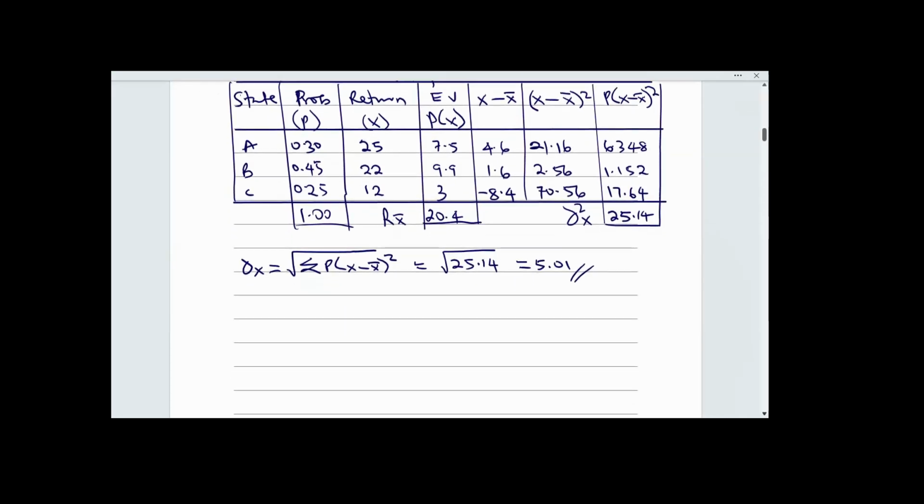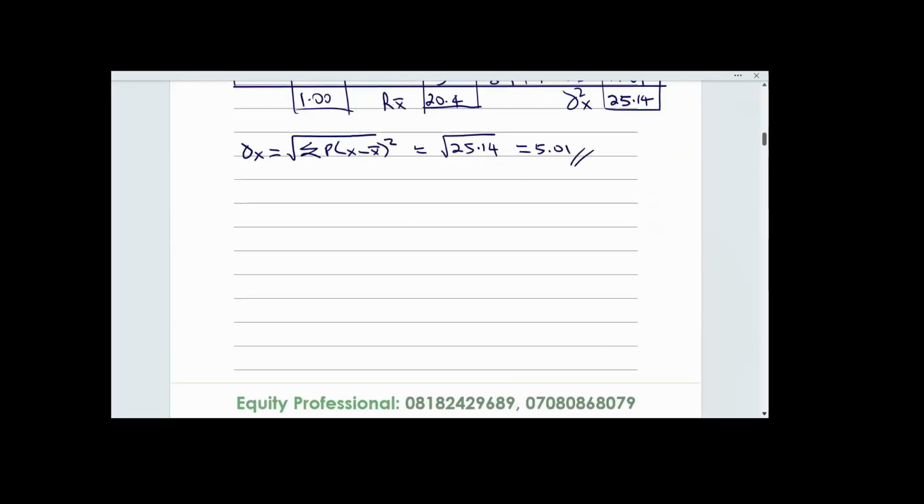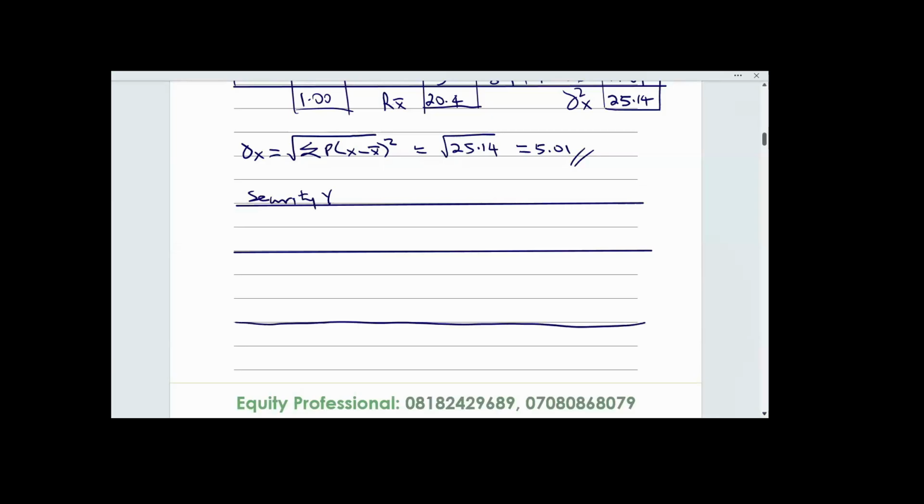So let's calculate for security Y the same way. So, security Y. States, probability, then return of Y, then expected return, which is probability multiplied by Y. Then we have Y minus Y bar, Y minus Y bar square, then probability of Y minus Y bar square.